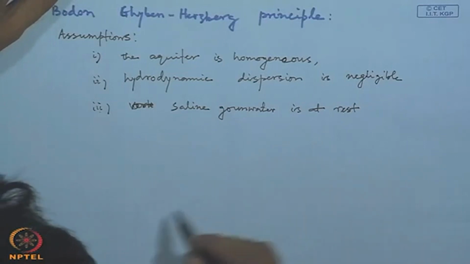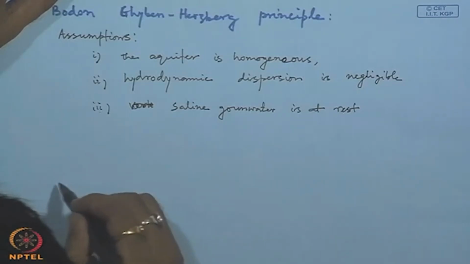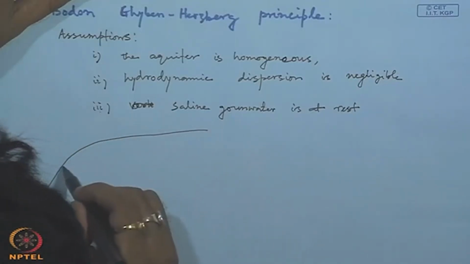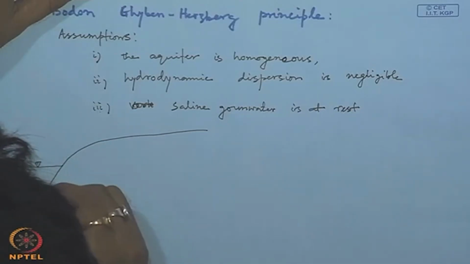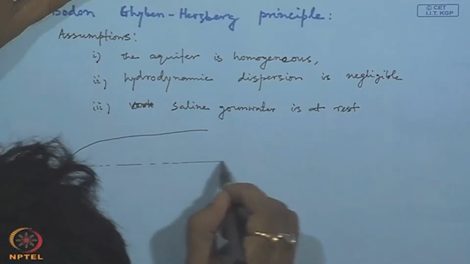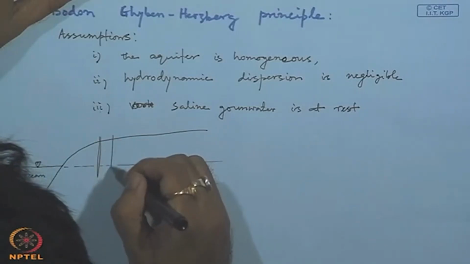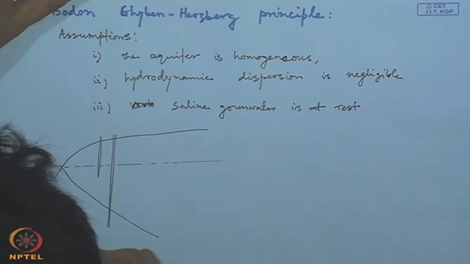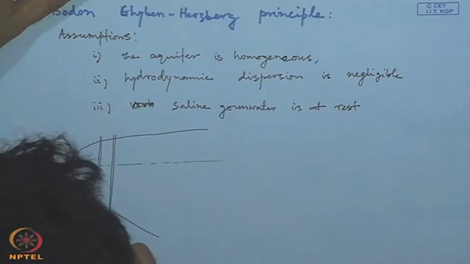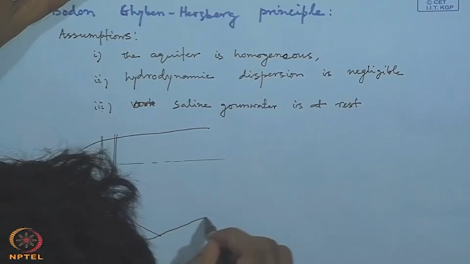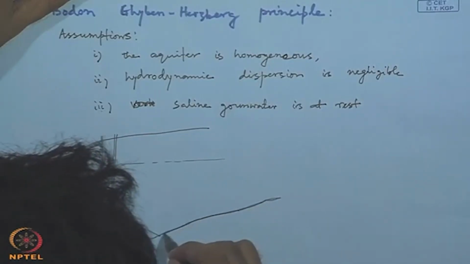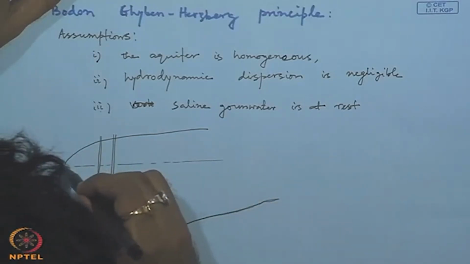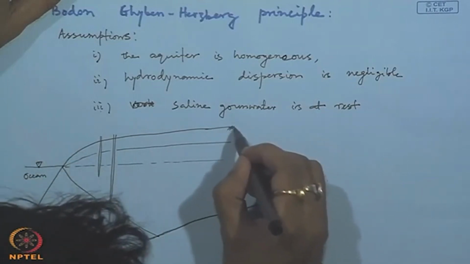So, first we can sketch our geometry. This is our ocean, and we have interface like this, and this is our impermeable base for this problem.